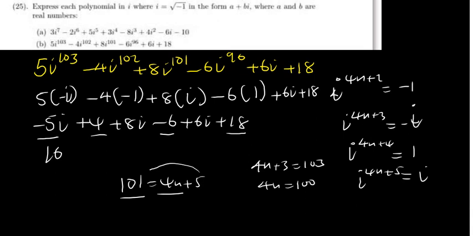And negative 5i plus 8i, that's a positive 3i, plus this 6i, that is going to give us a 9i. Let me check that again, if there's not anything that I've missed: negative 5i plus 4 plus 8i minus 6 plus 6i plus 18. Alright, so that is what we are going to have.